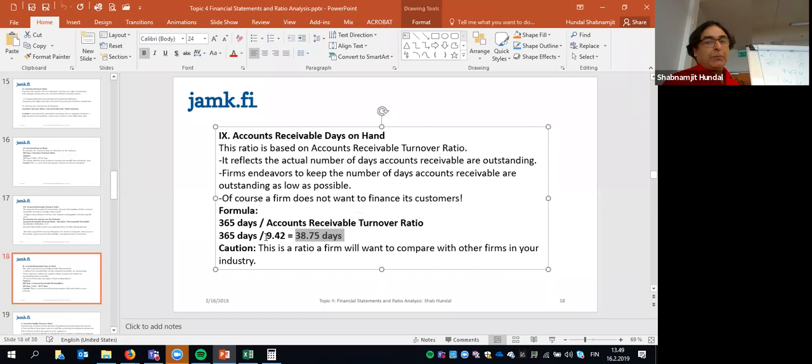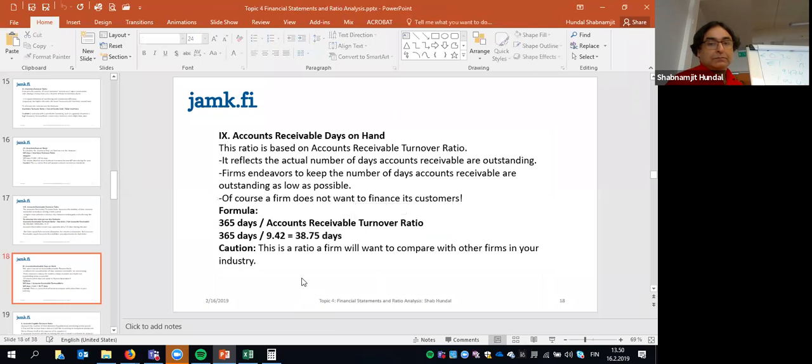And if this ratio is smaller, let's say 3 or 4 or 5, then the number of days will increase. Yeah, the 38 days here is the accounts receivable days, it's not the cash cycle days. We're not yet at the cash cycle.